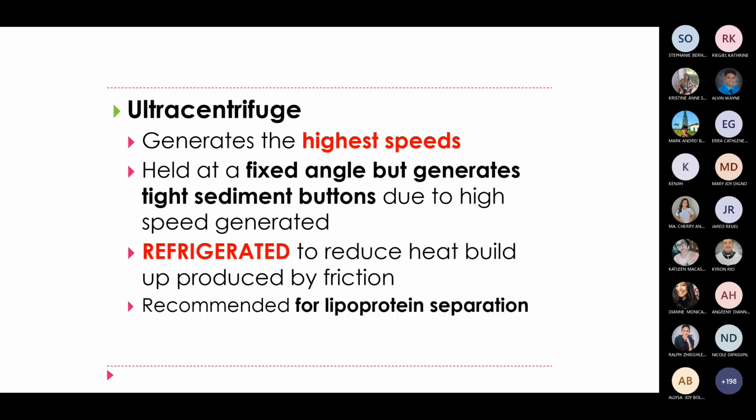Okay, the third one is the ultracentrifuge. From the prefix ultra, it generates the highest speed. It is held at a fixed angle, so it is the same as the angle head, but generates tight sediment bottoms. The difference from the angle head is that the angle head does not pack as tightly compared to the horizontal. The ultracentrifuge is fixed angle but generates tight sediment bottoms.